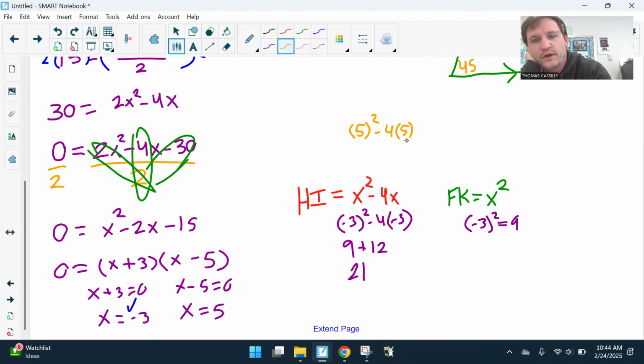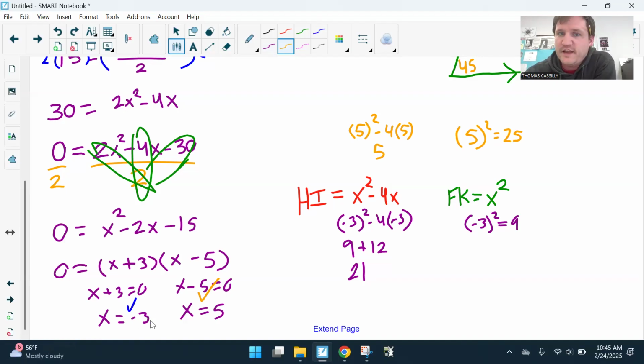It's 25 minus 20, which gives you a 5. And then, of course, 5 squared again equals 25. So that one looks good as well. I'm happy with that. Both of those answers work. -3 works, 5 works. Do not get rid of that -3 just because it's a negative number. You should still check them, but it does not necessarily mean it's wrong because it's negative.